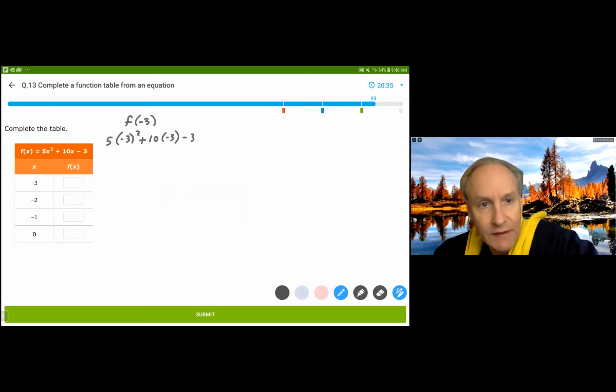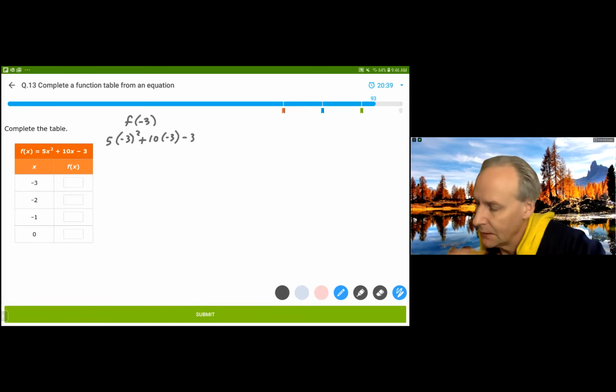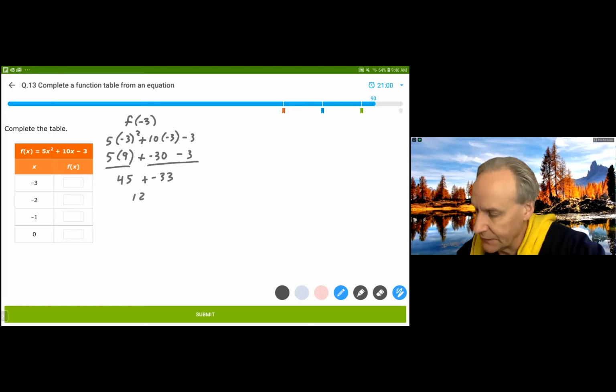If you have a graphing calculator, it's very handy because you have a table function on it. But I think it's good to just go ahead and do these by hand. This is 5 times 9, be careful, plus negative 30 minus 3. And so this is minus 33, and this is 45. When you take 45 plus negative 33, I'm going to write it as an addition, that's going to be 12, isn't it?